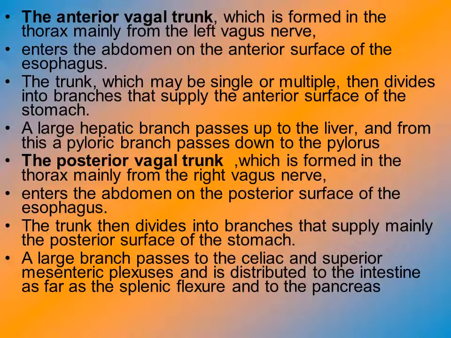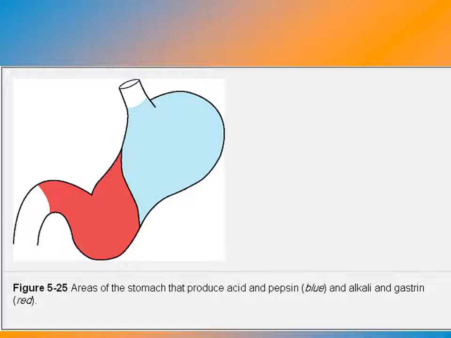The anterior vagal trunk, which is formed in the thorax mainly from the left vagus nerve, enters the abdomen on the anterior side. This shows you the area of the stomach that produces acid and pepsin, alkaline secretion, and gastrin.